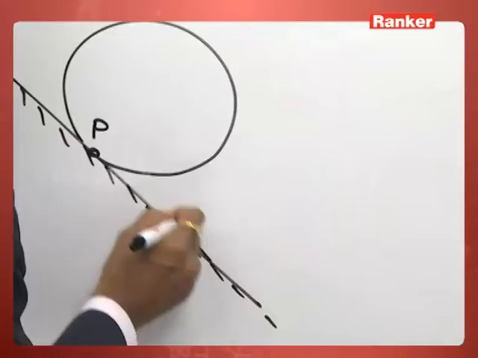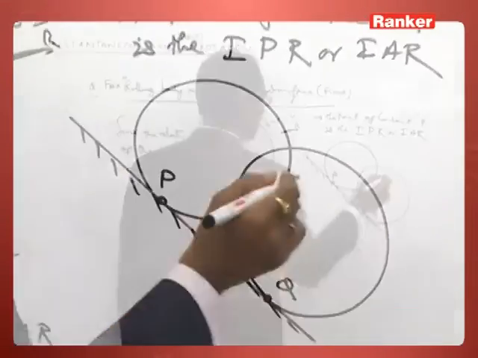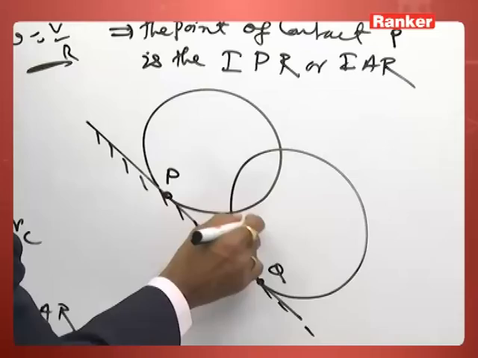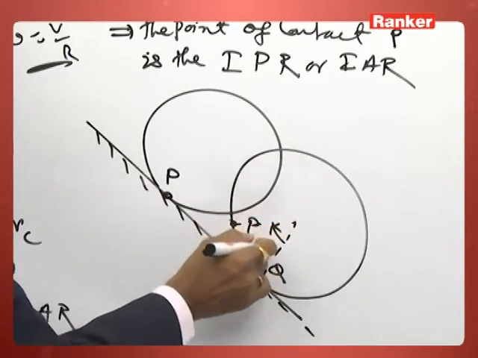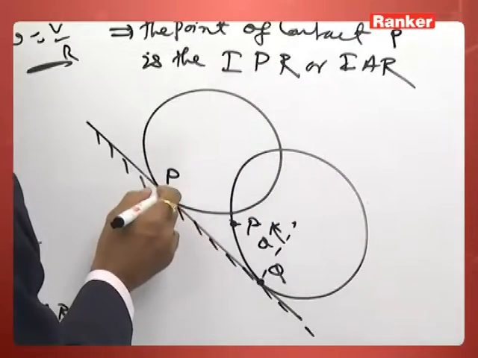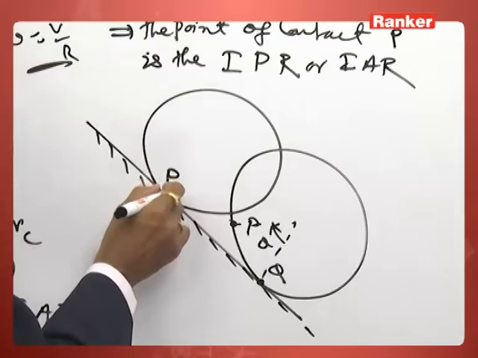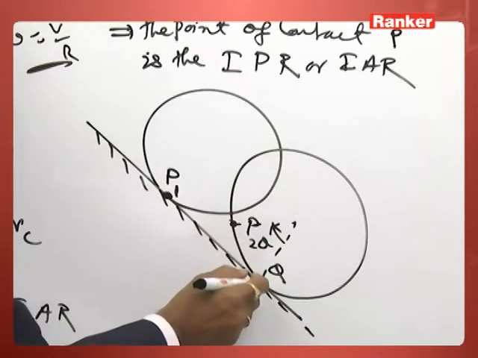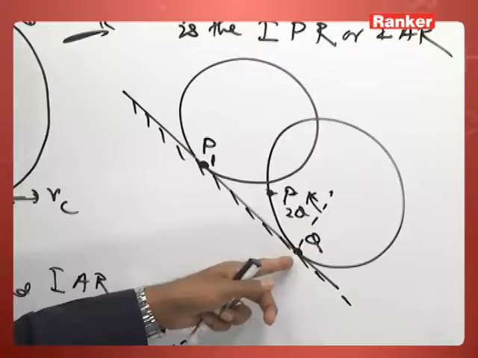At another instant, another point will be there. This point P will go to some other position, rotating through an angle theta. When the body is rotating through an angle theta, this point P goes from this first position to this second position. Another point will come to occupy the contacting position.